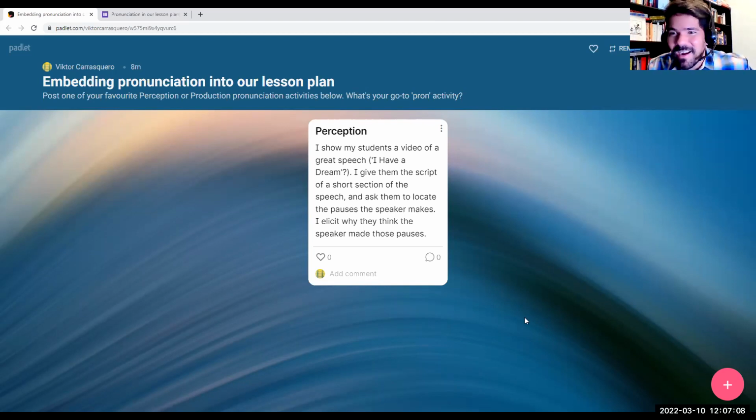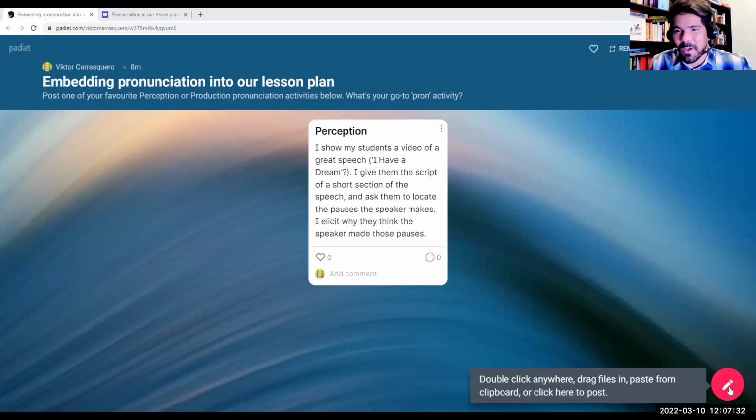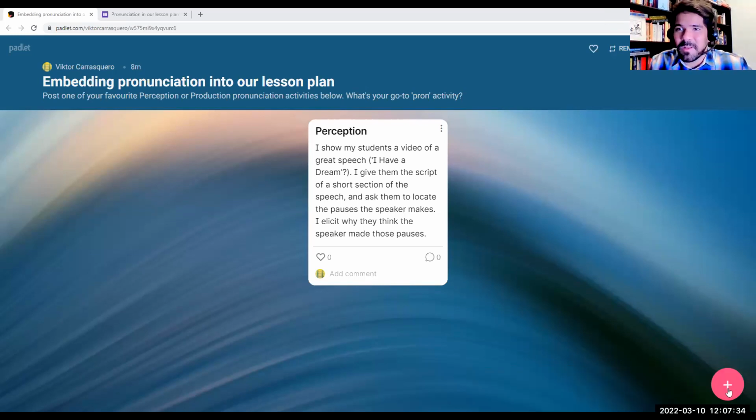Now I'm going to share my link to this Padlet. You will have access to it during the session and after the session. So you'll have hundreds of ideas possibly. So here you are. Let me share with everyone. You just need to click on the plus button on the bottom of the page.